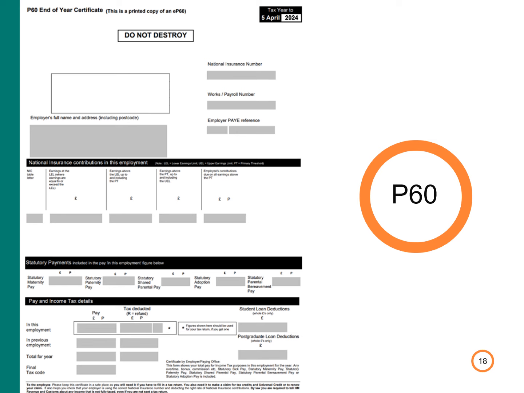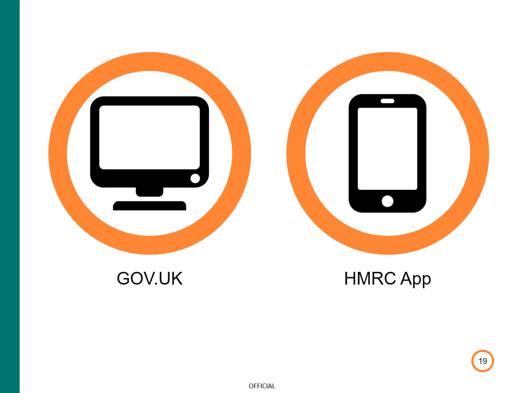They must give this to you by the 31st of May each year. Your P60 may look a bit different to this one, depending on the employer, but the information it contains will be the same. You can also find your pay and tax details in the HMRC app or your personal or business tax account.